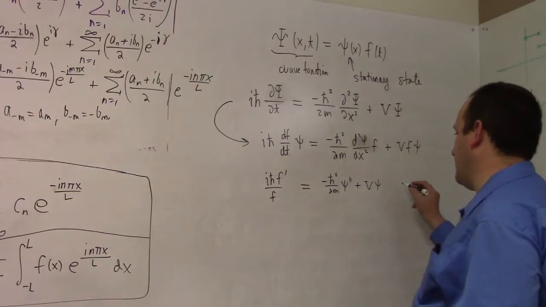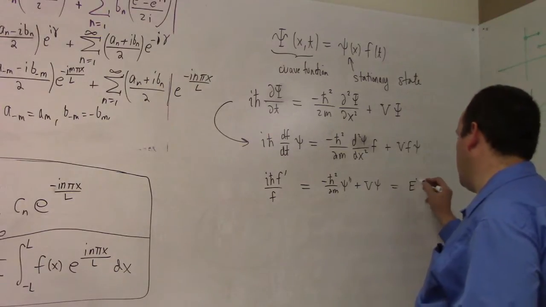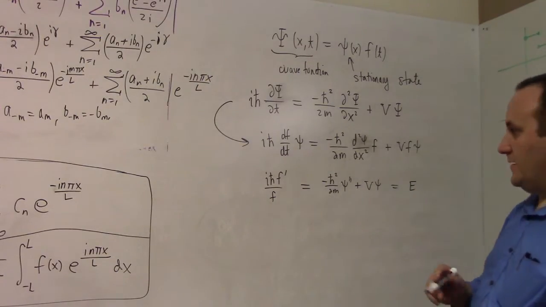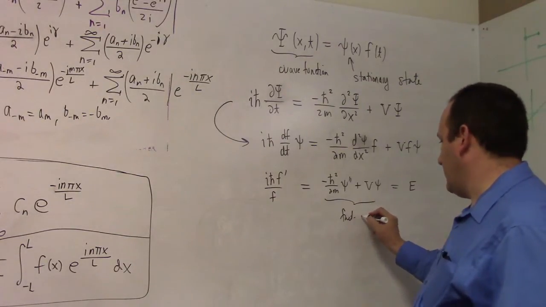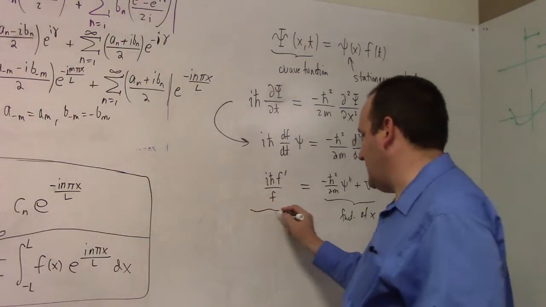And so we said that that's equal to a constant called energy, right? This is a function of x. This is a function of t.